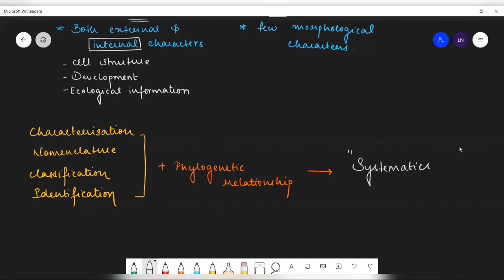This can be expected as a question. So when you add phylogenetic relationship to taxonomy, it relates to systematics. Clear?